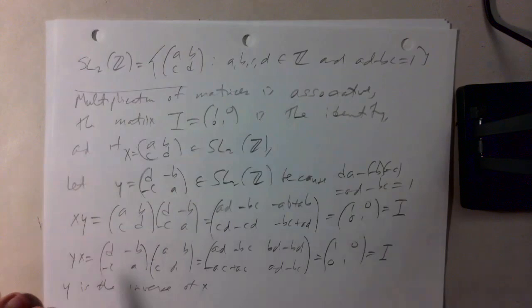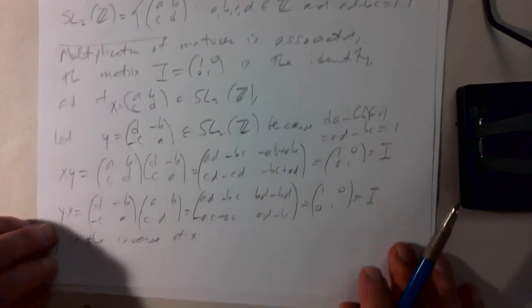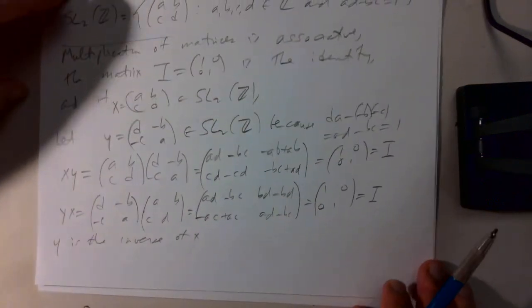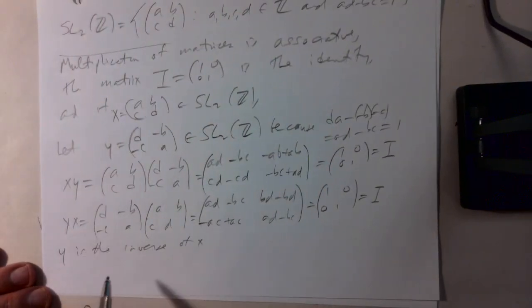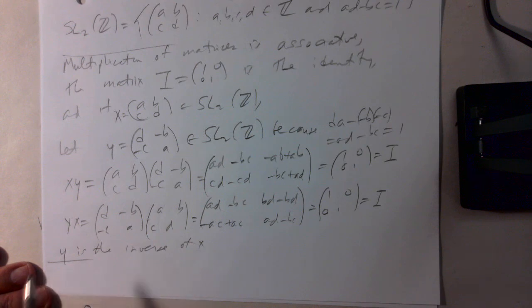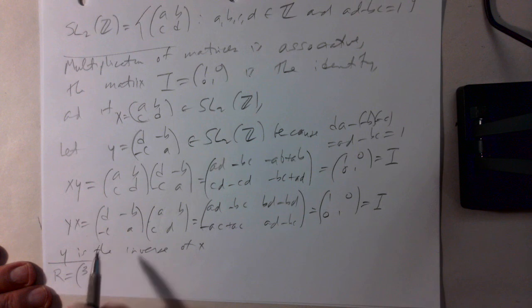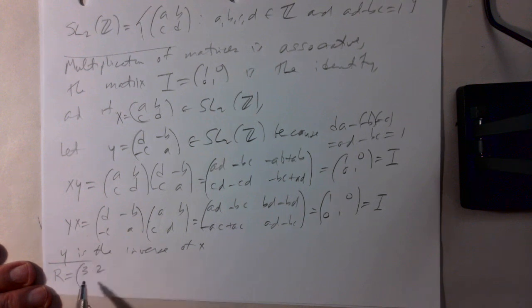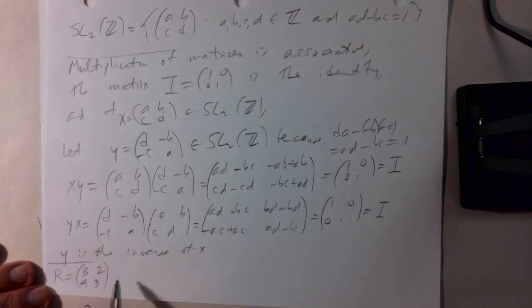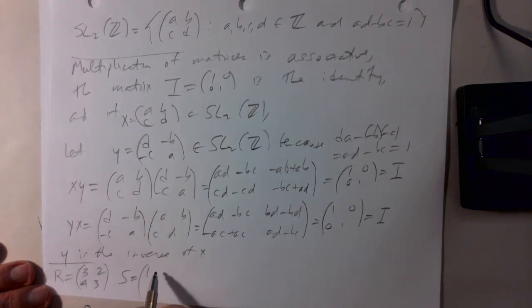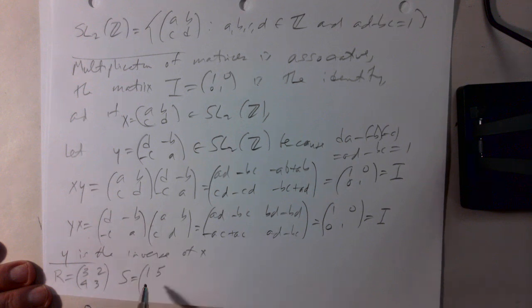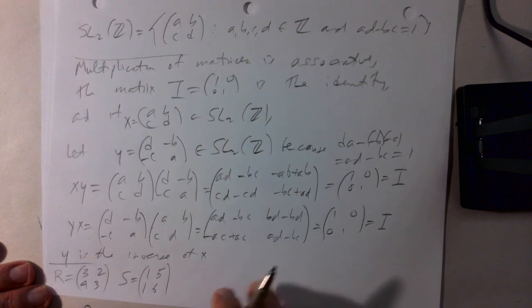So SL2Z is a group. Let me try and squeeze in an example. Suppose I take the matrix, I'll just give it a name, R. Maybe this is the matrix 3, 2, 4, 3, and S is the matrix 1, 5, 1, 6.